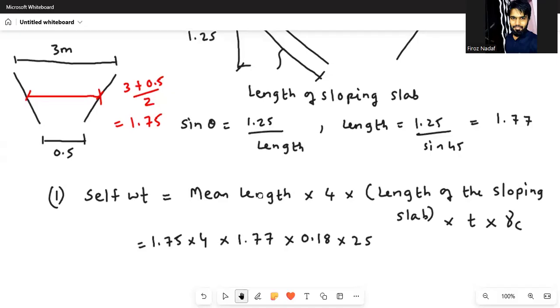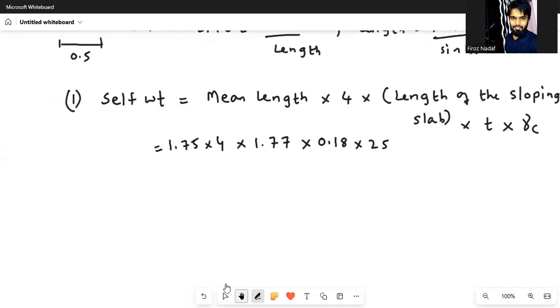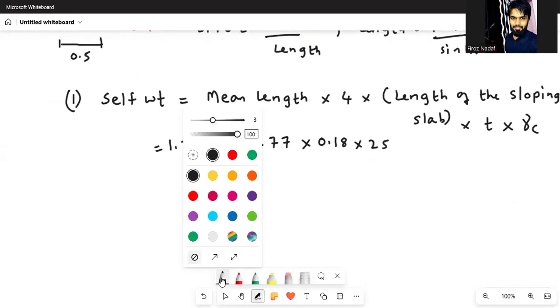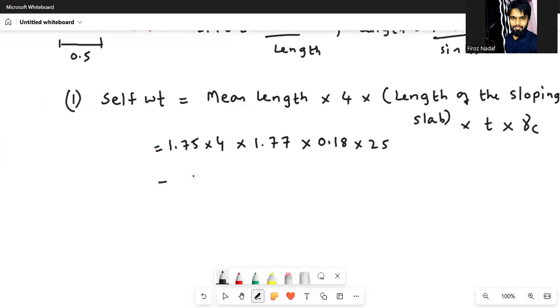Okay. So the self weight of the sloping slab is coming as 55.76 kilonewton. This is the self weight of the sloping slab, but you need to take the total weight that is coming on the slab.